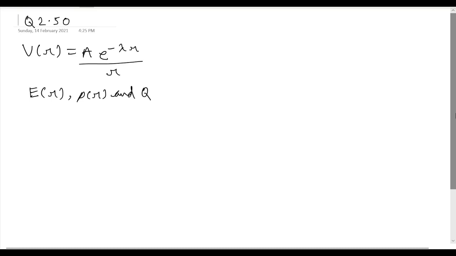So we know that the electric field is related to the potential by the negative of the gradient of the potential.